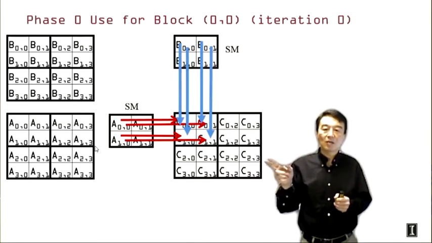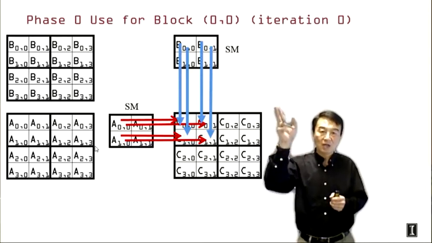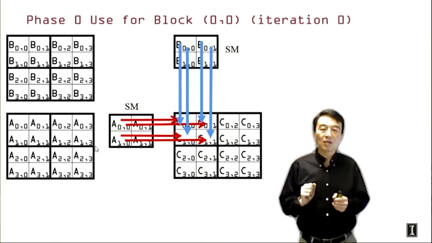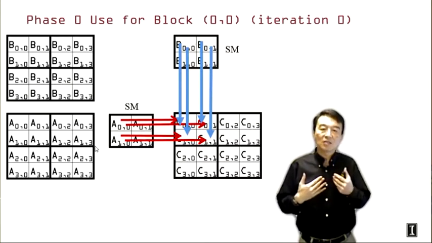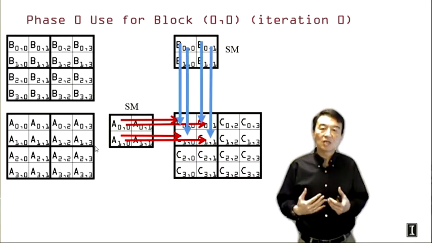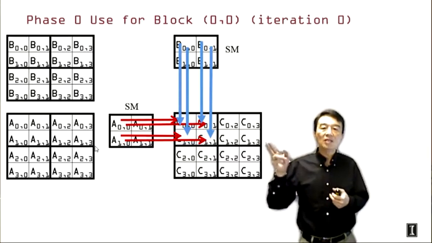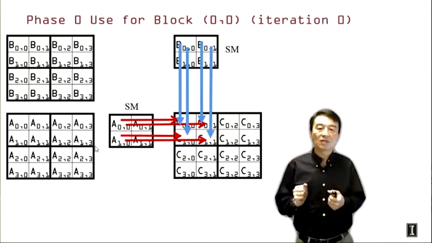And thread 01 is going to be using A01 and B01 to generate the first multiplication and accumulate result. So as we can see, during this iteration 0 of the dot product, every element that we loaded from the global memory is going to be used by 2 threads. So every thread is going to generate 1 step of the dot product out of the entire computation.